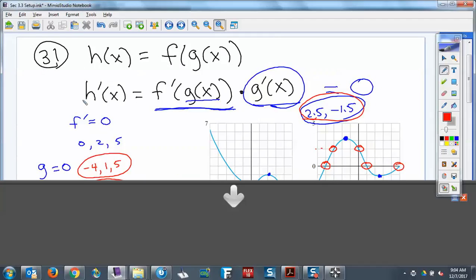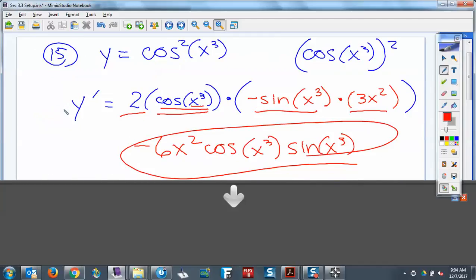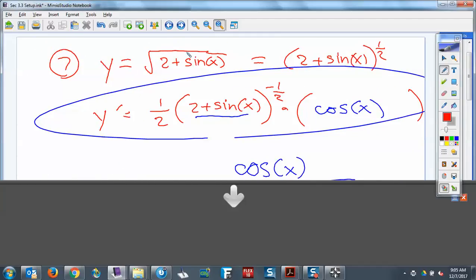So far, all we've done is this. Let's go back to problem number 7. Here you had this problem y equals. Well, what did we do? We took the right side and did the derivative. But we were also doing the derivative of the left side too. We were really doing it to both sides.